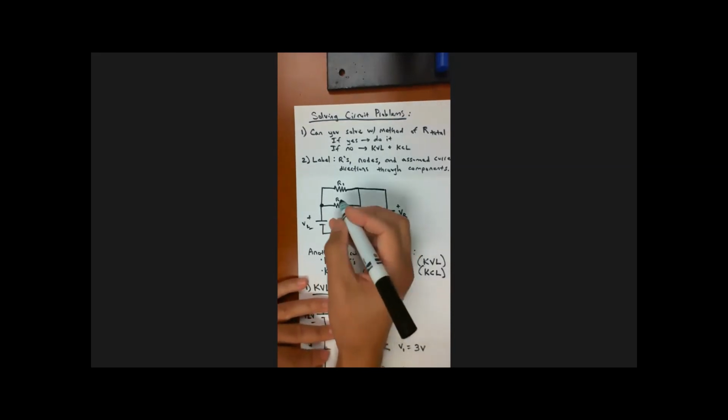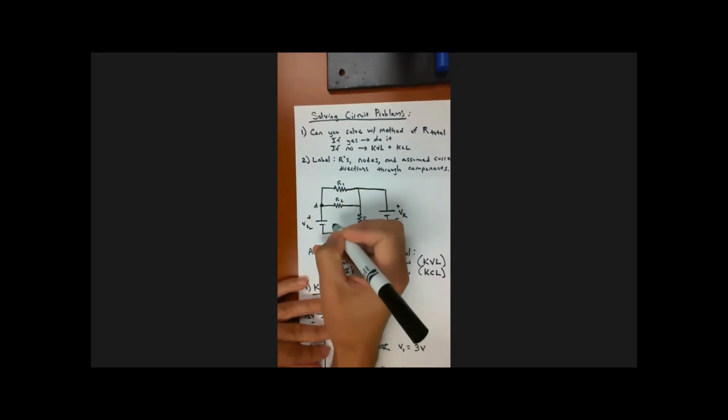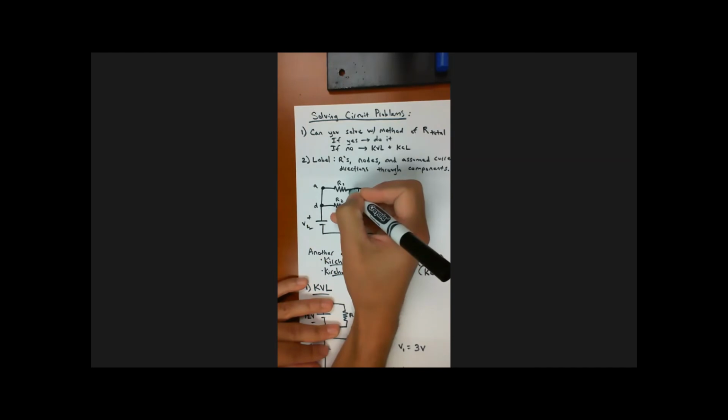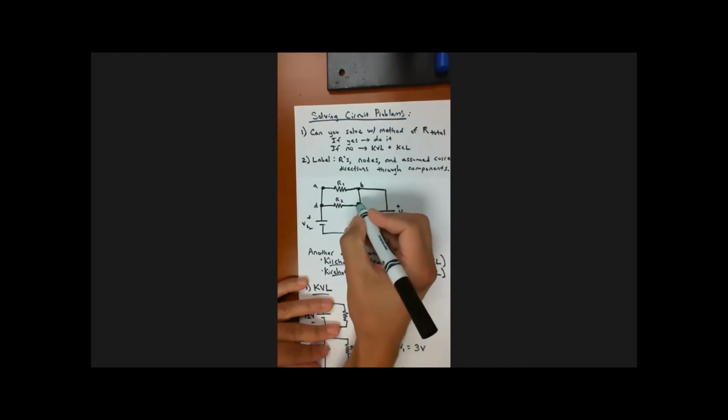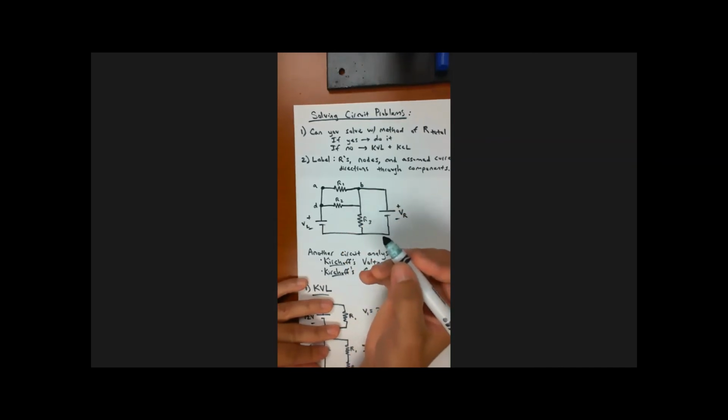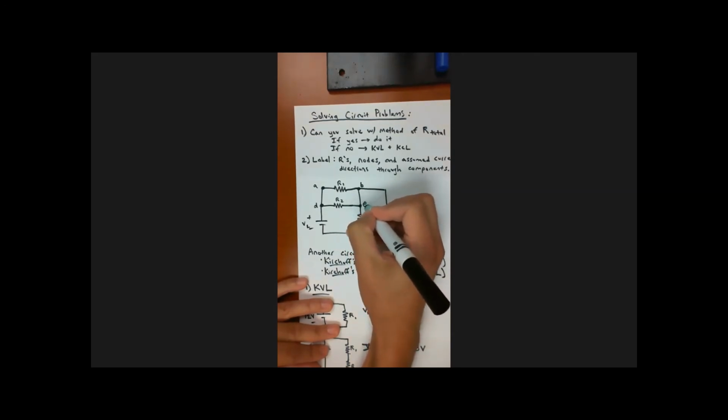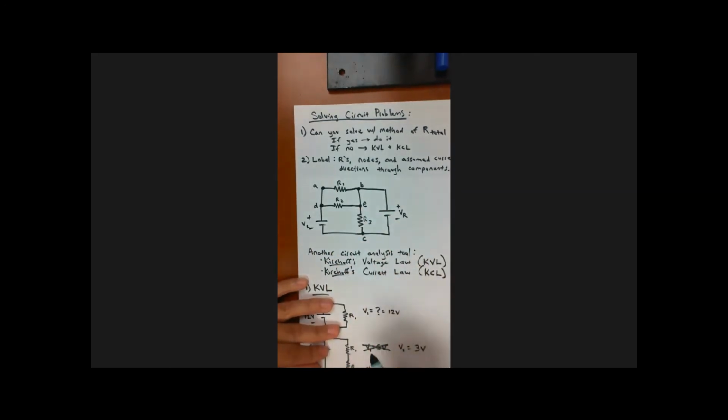I'm going to call this node D. This might be A, and maybe we'll call this one B, and maybe we'll call this one C, and then this one could be E. We may not actually need all of those nodes, but it doesn't hurt.